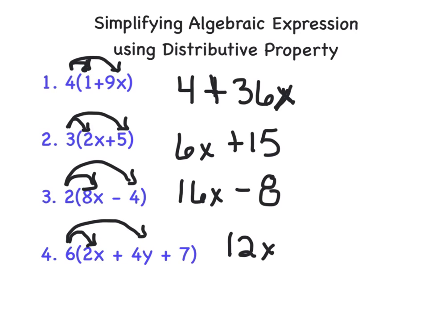And then, we have another variable. So just do 6 times 4y, which is 24y. And then the last one is 6 times 7, so you have 6 times 7, which is 42.